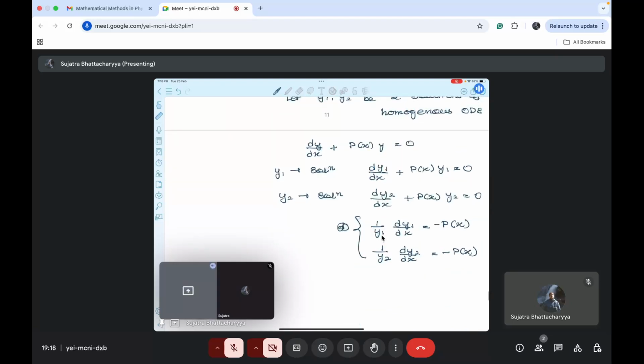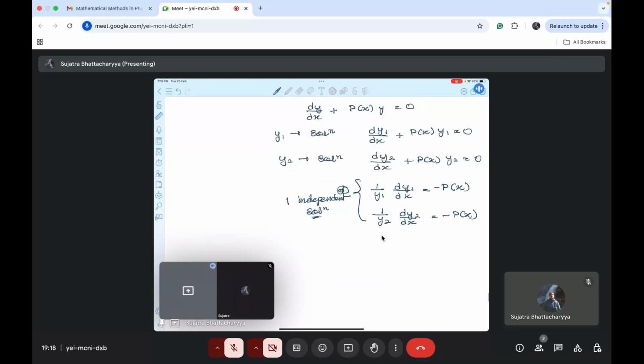It can be any of them. Otherwise, it is dependent, because (1/y1) dy1/dx is nothing but (1/y2) dy2/dx. Ultimately, you get y1(x) is some constant c times y2(x). That's all.